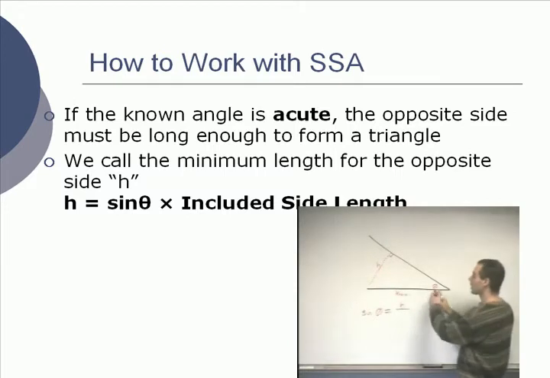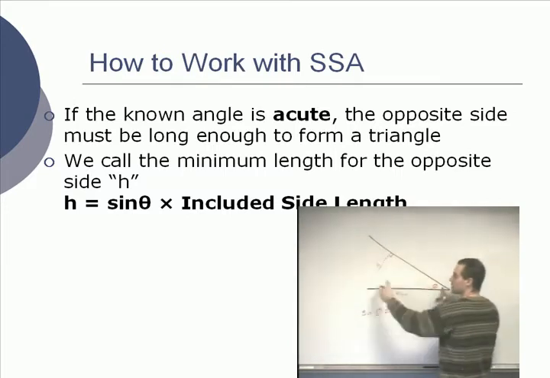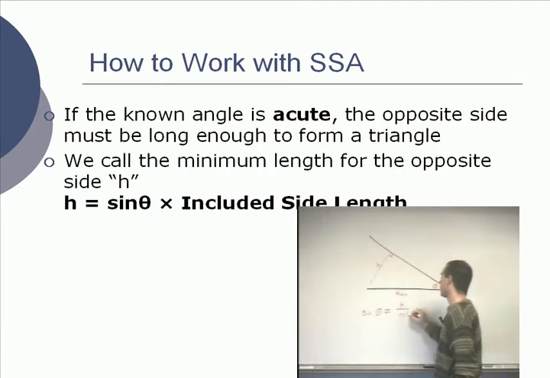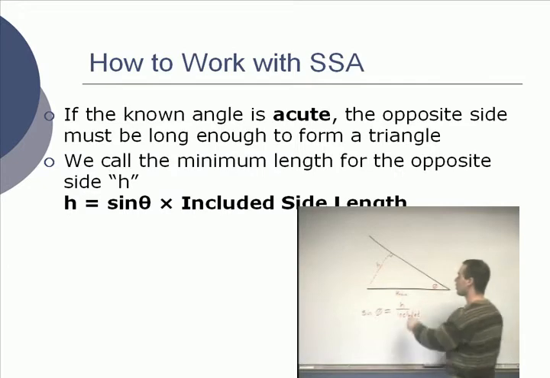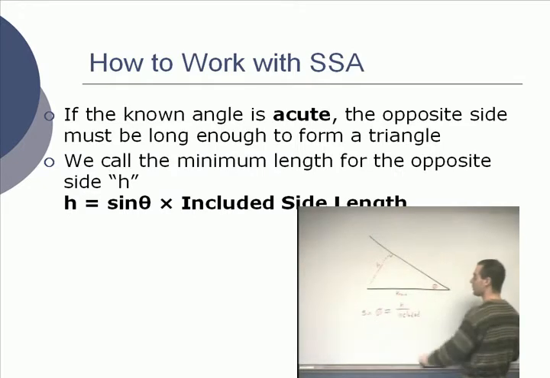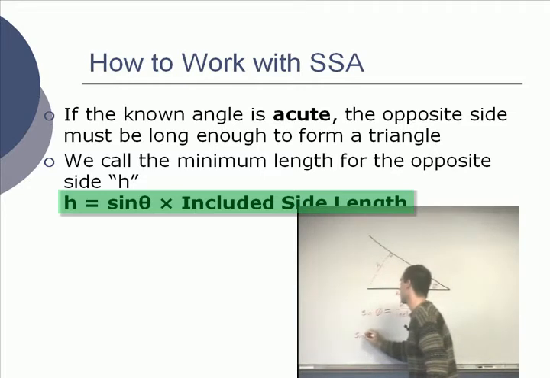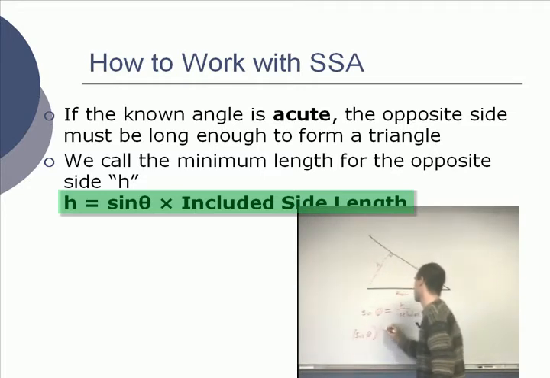Or in other words, we call it the included one. That one's the opposite one. This is the one in between. It's included between the two. So we just found a formula to check what the minimum length is. Multiply both sides by included, and H is equal to sine of our known angle times the included side.